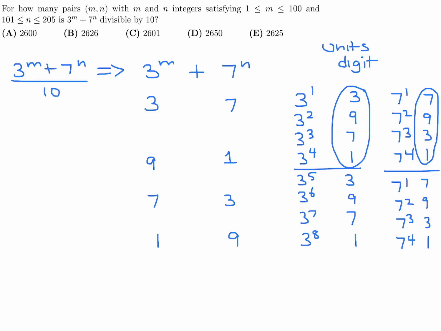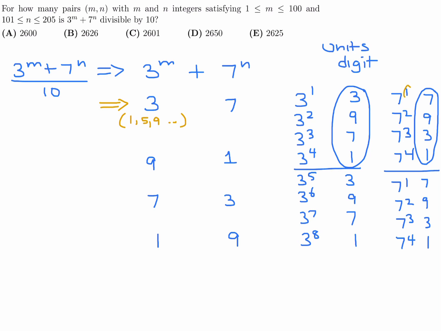I want the units digit to be a 3 in this first scenario. So that means the exponent will be either 1 or 5 or 9 if you continue that pattern, 1, dot dot dot. And then I want the units digit of this to be 7.